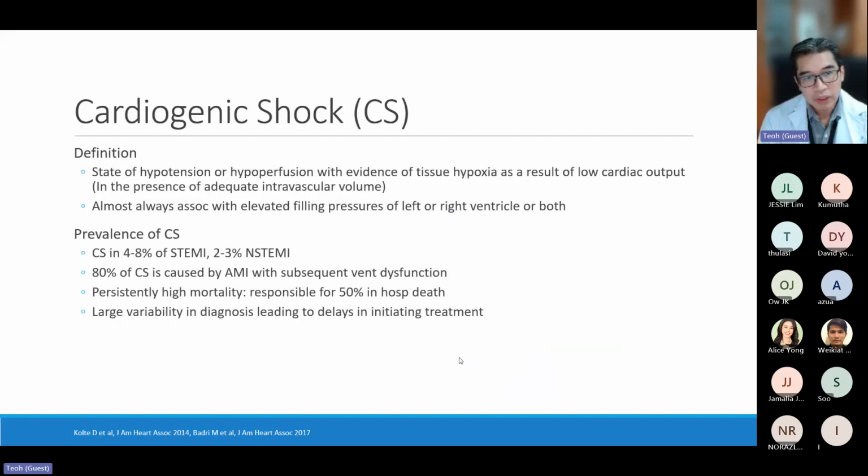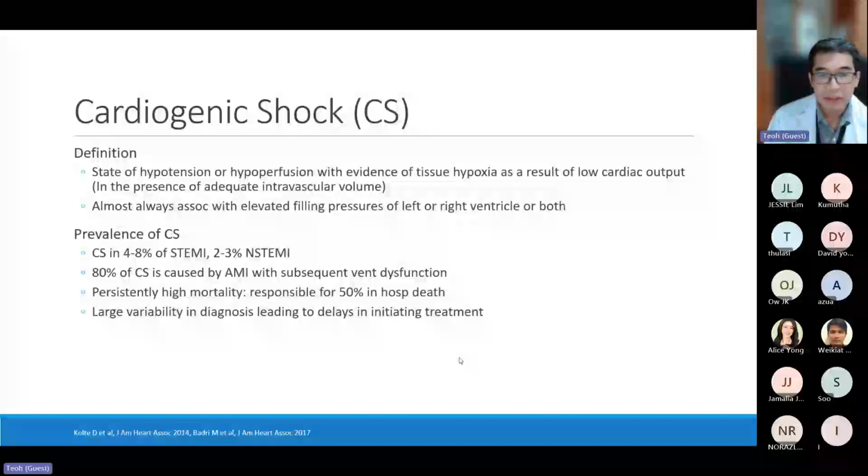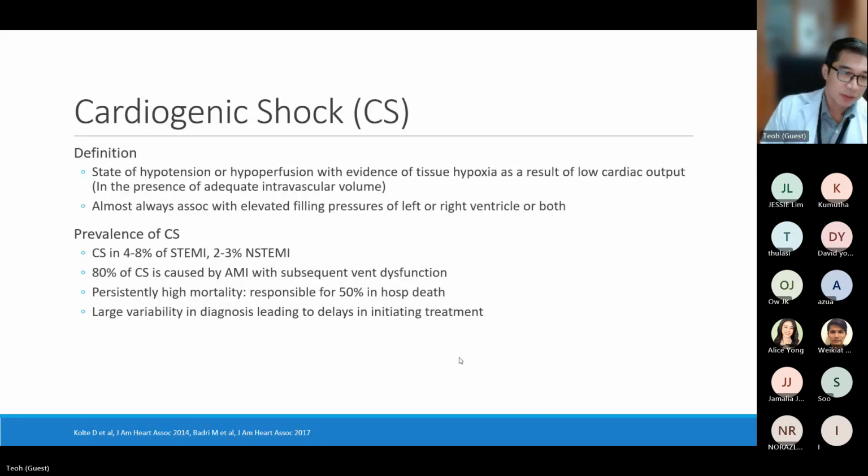Another 20% of cardiogenic shock is due to acute decompensation of pre-existing cardiomyopathy, valvular heart disease, Takotsubo, myocarditis, and electrical storm, as well as patients post-cardiotomy. And like always, the general rule is that if the patient presents with cardiogenic shock, about 50% of them will die during the hospital stay.